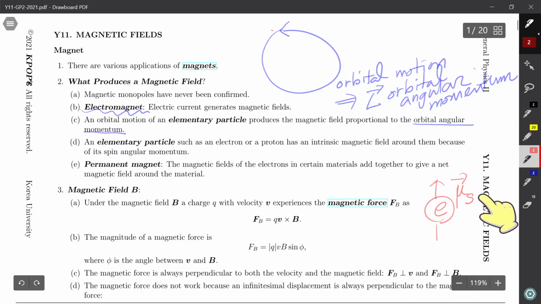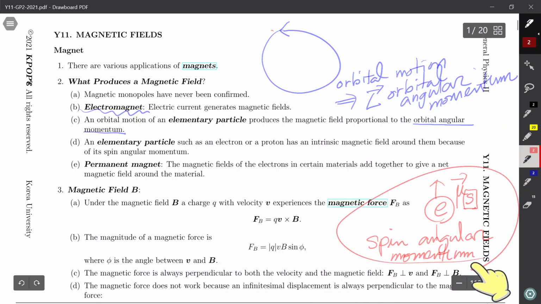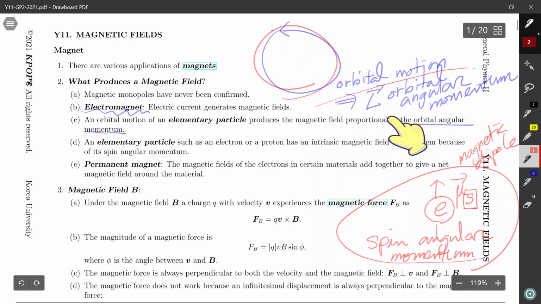We use a subscript S for spin angular momentum, which gives a magnetic dipole. The orbital angular momentum generates a magnetic dipole, this one, mu L. Orbital angular momentum generates the magnetic field.